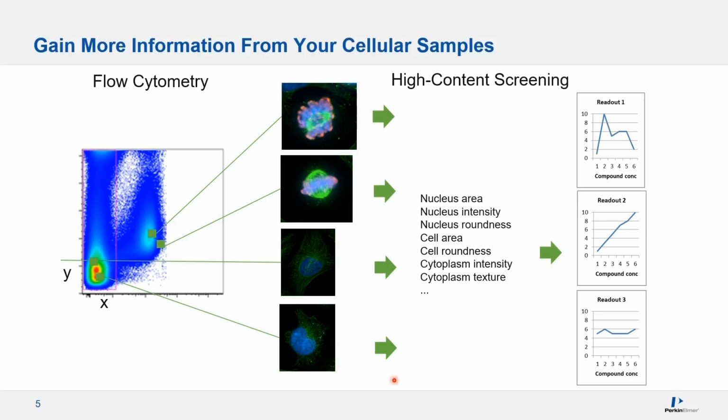As compared to high content screening, we are able to take image of the samples and then see how the cell looks like. Clearly, you can see that there are 4 different phenotypes of cell within the population, and we have the ability to quantify the parameters within these cells based on high content screening. So this will provide additional information as compared to flow cytometry. And you're able to get more phenotypic data in terms of how the cell looks like and behave under different conditions.